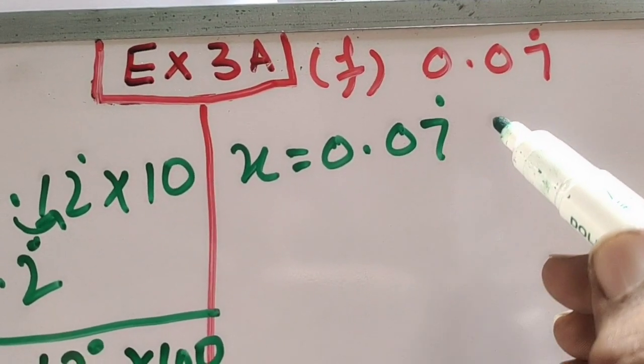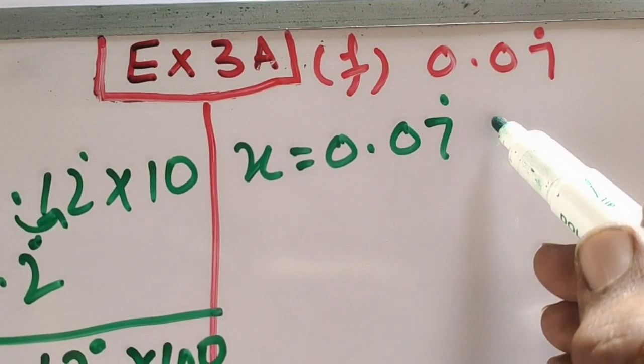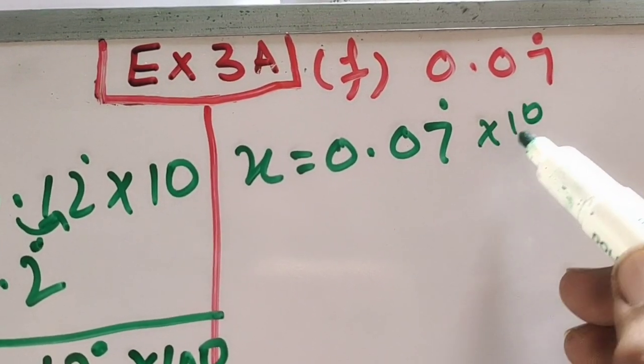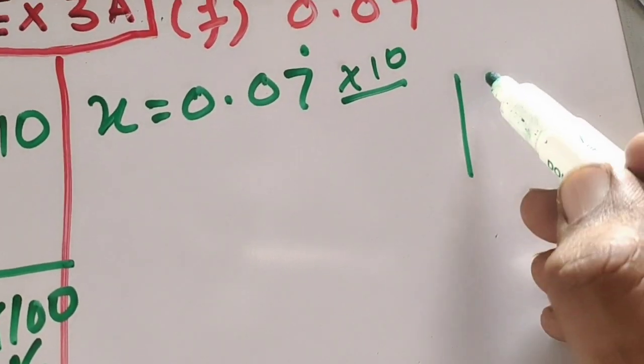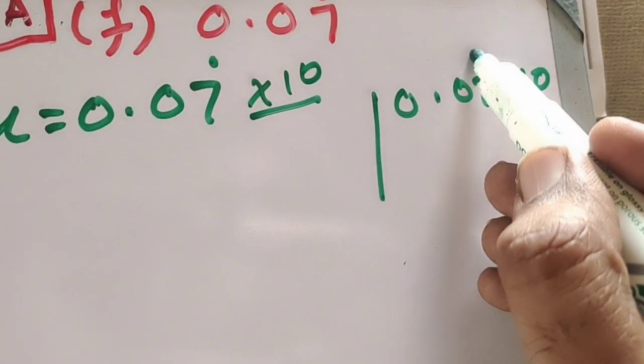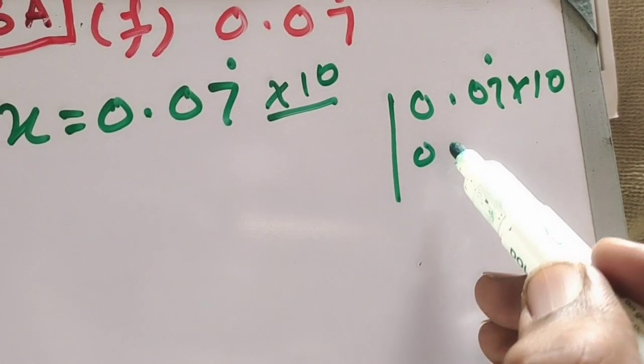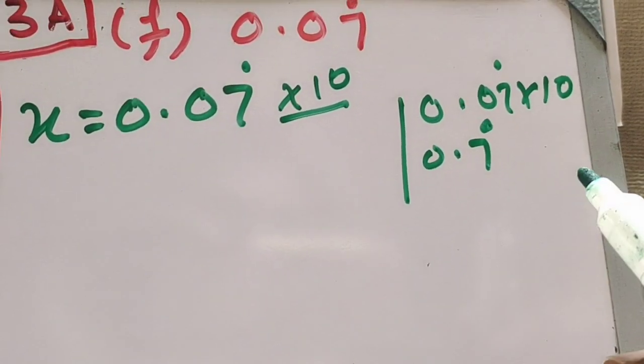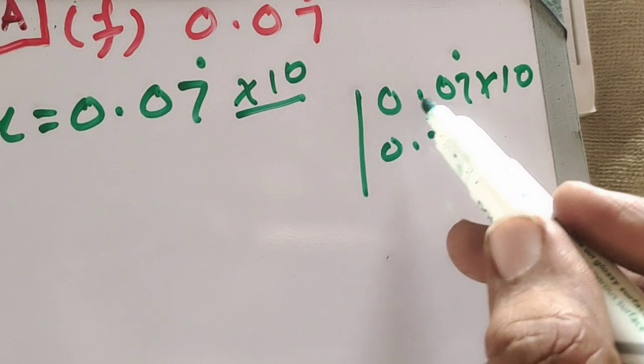So first of all, we will multiply the equation with 10. 0.07 dot multiplied by 10 gives you 0.7 dot.